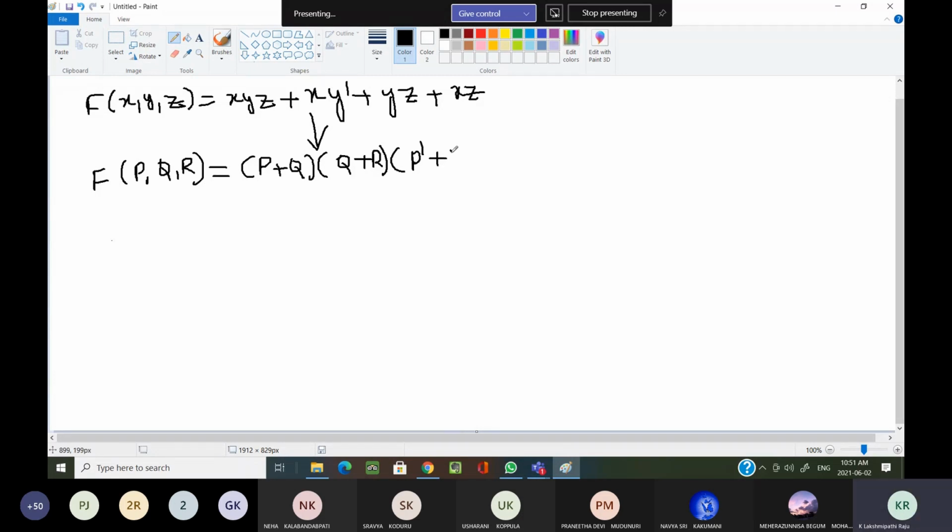Convert these two expressions into standard forms. The first one is SOP, the second one is a POS expression. You need to make these canonical forms or standard forms. Am I clear, everyone? Yes, sir. Okay.